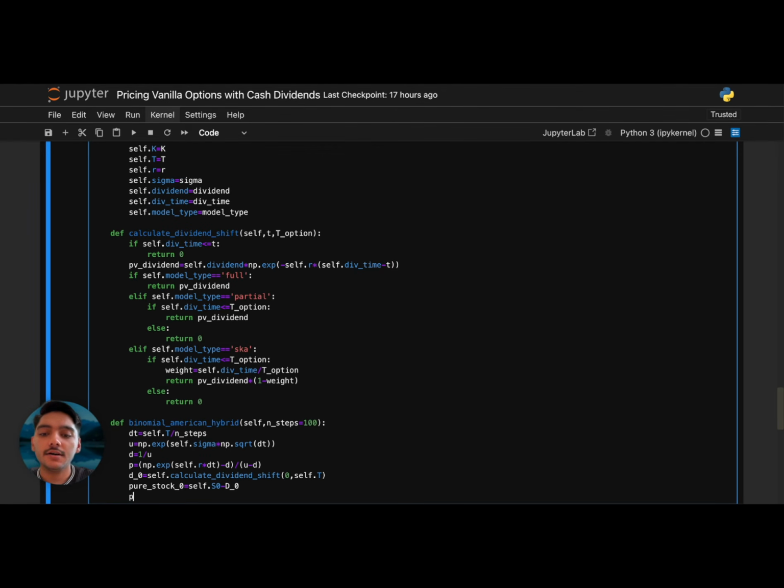So it will be the pure tree, have a space here.